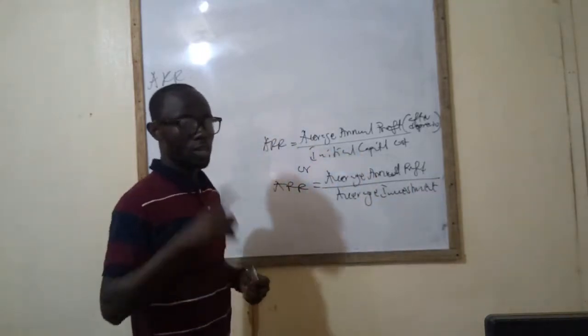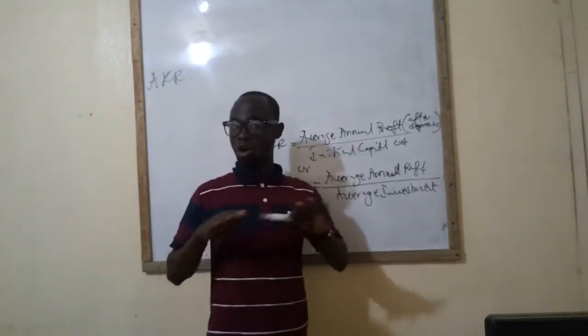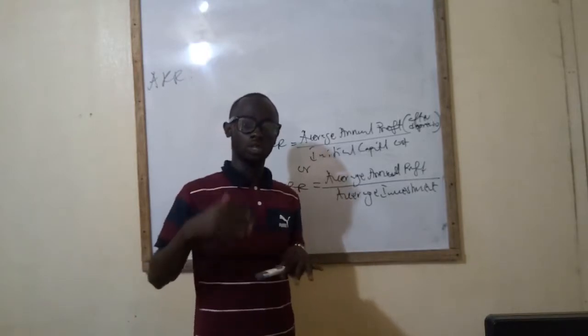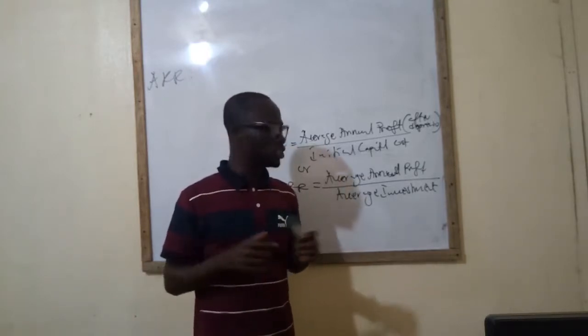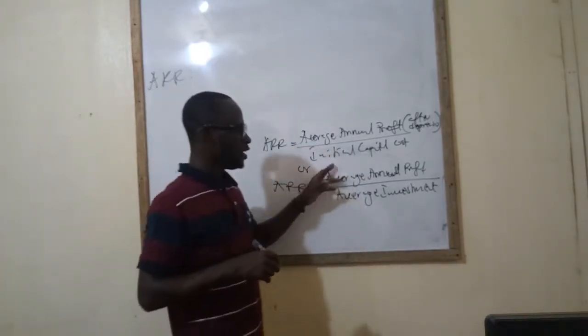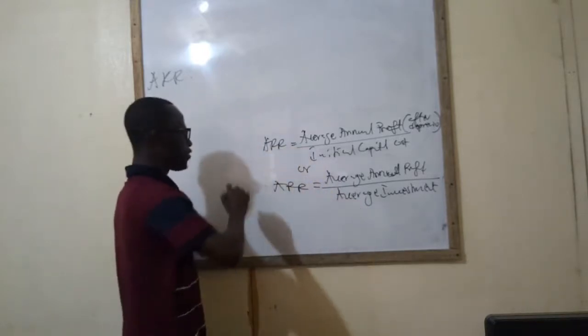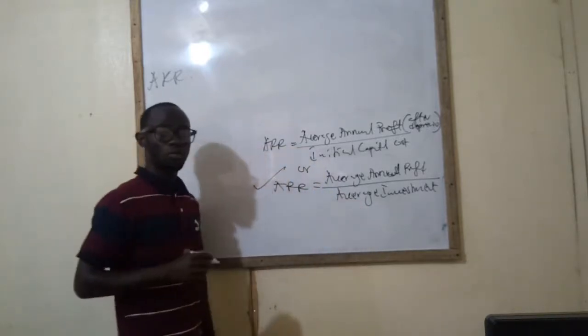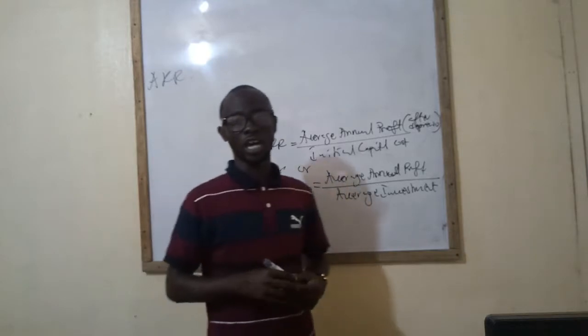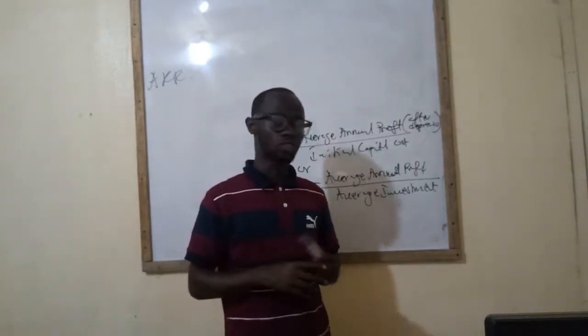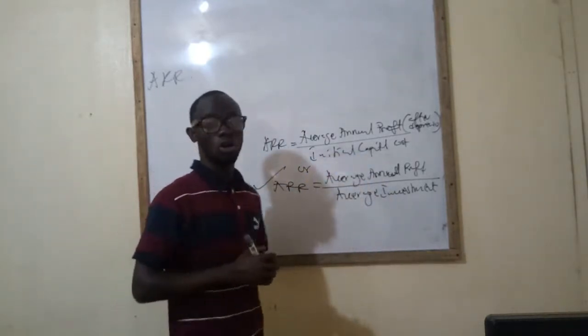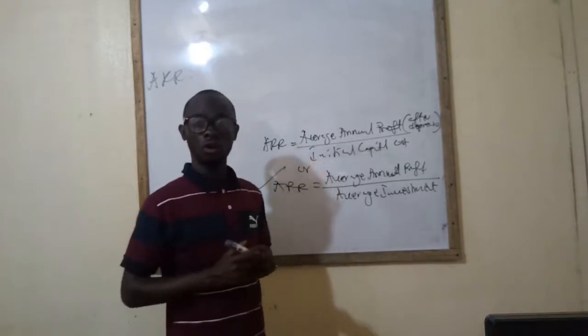Note that these two formulas are both multiplied by 100 because we need to get our answers in percentages. Also note that in the exam hall, the examiner will prefer you to use the second formula in the calculation of the accounting rate of return. So we're going to be focusing more on the second formula.